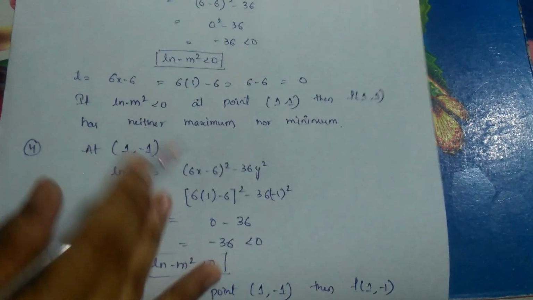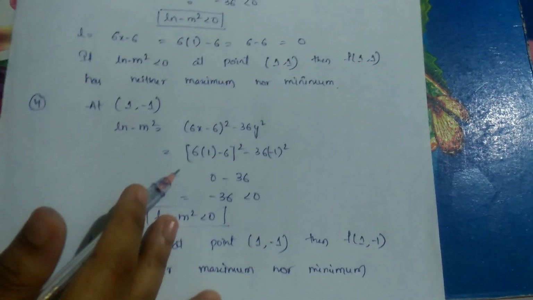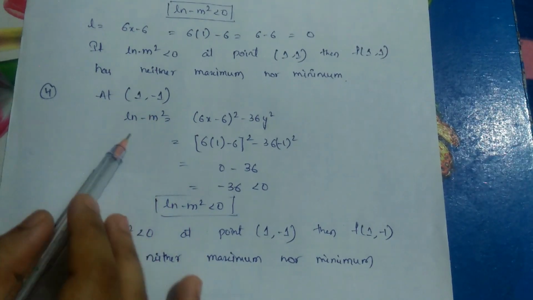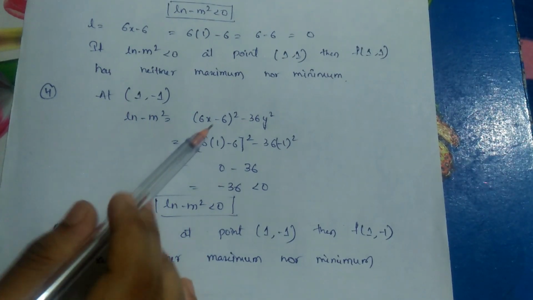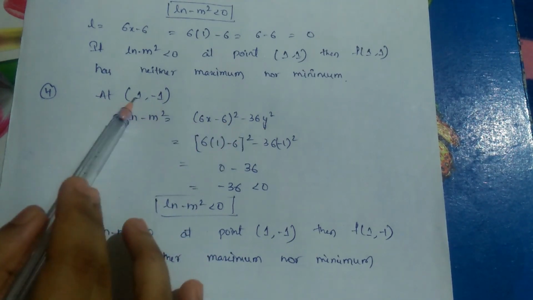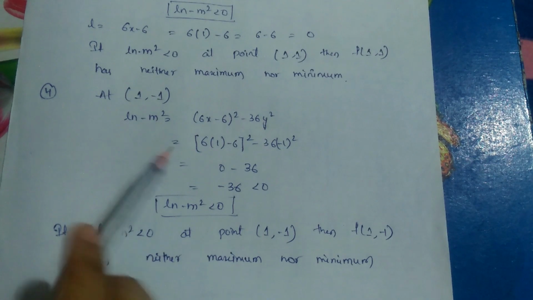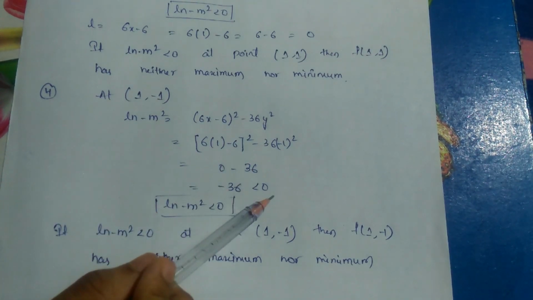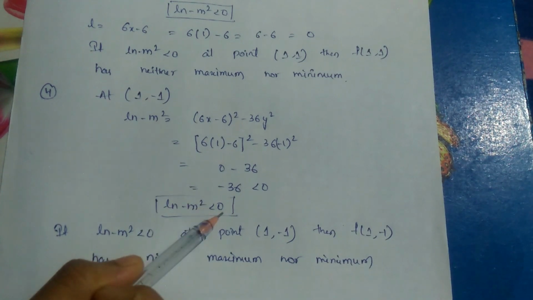And it comes to the fourth stationary point, which is the last one, and that is at (1, minus 1). ln minus m square is equal to (6x minus 6) whole square minus 36y square. Now substitute the values of x and y, you will get minus 36, and this minus 36 is less than 0. So ln minus m square is less than 0.